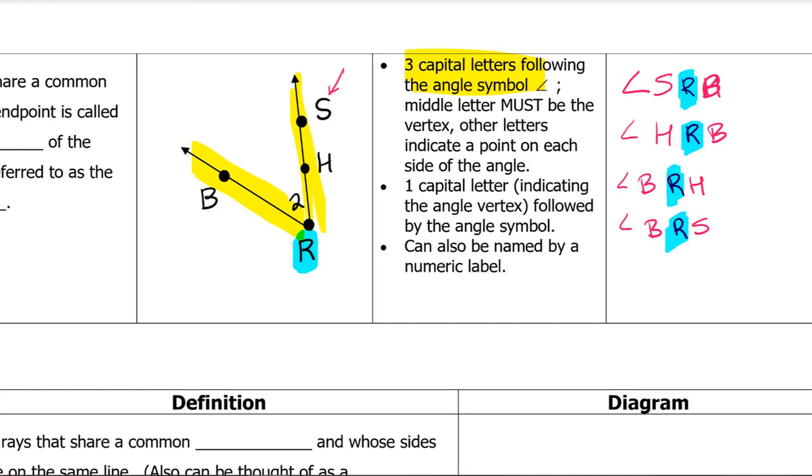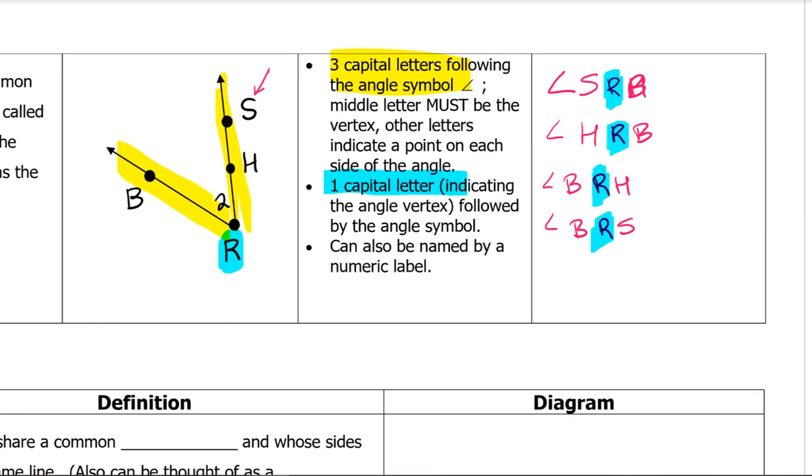Now we've got another option here, so let's take a look at this option. We could just use one capital letter right there. That's it. If we use the one capital letter, that capital letter has to be the vertex. So if we're going to write it like that, we could just say angle R, and we'd be okay. Now notice on the inside here, we've got a number right there on the inside of our sides, right by the vertex.